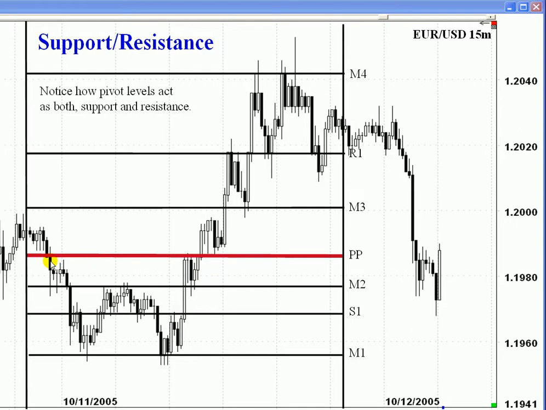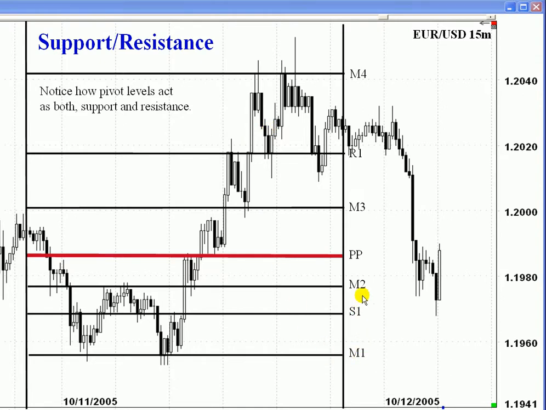This chart is simply a graphic to show you how price acts as both resistance and support. We see here our pivot levels, and we see how the ranges trade between the invisible levels of resistance and support. They really fit in here quite nicely as price trades between our key levels.